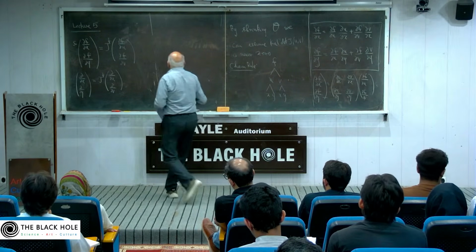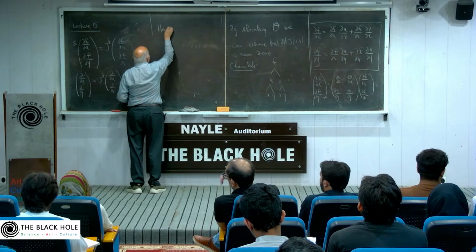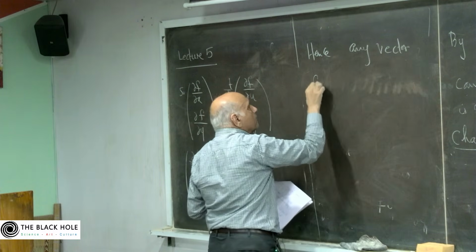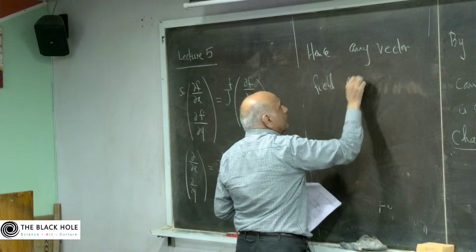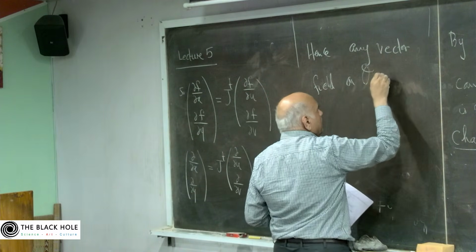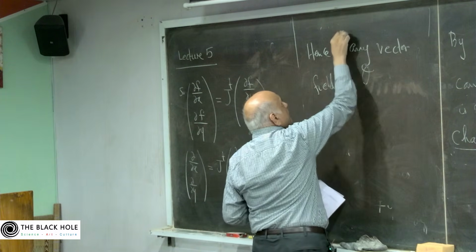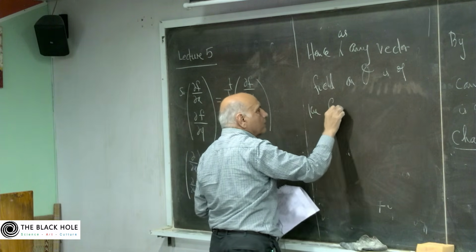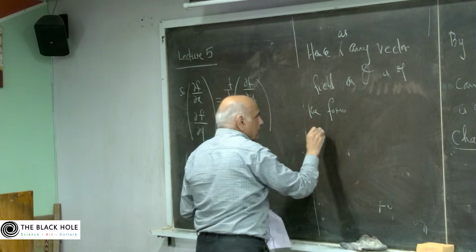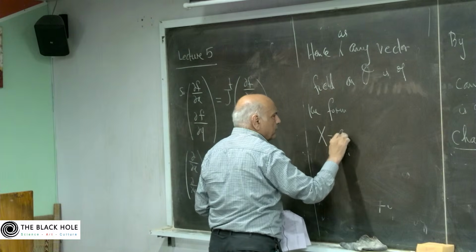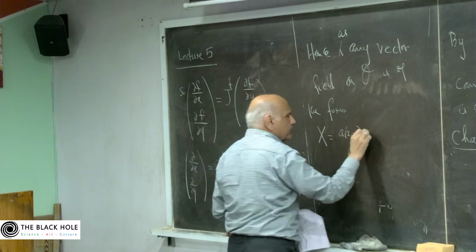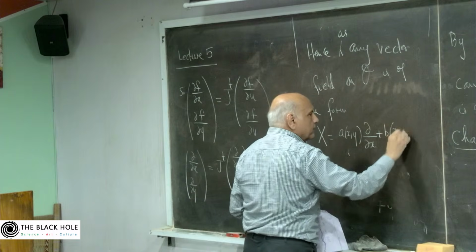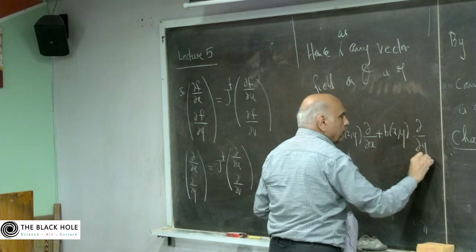Any vector field on O is of the form X equals A(x,y) partial by partial x plus B(x,y) partial by partial y.